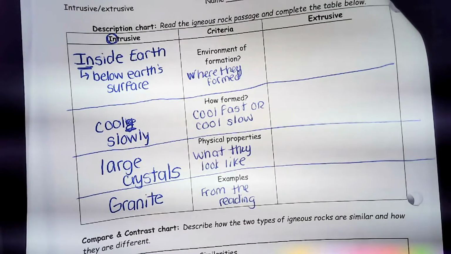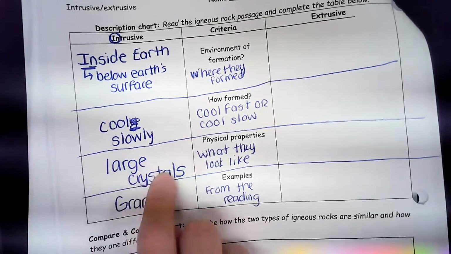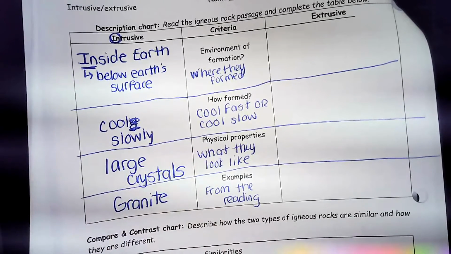So you're going to end up with very large crystals. And one of the most common examples of this is granite. And by large crystals, it means ones you can see without trying. It doesn't mean you can see them from the back of the room, but you can pick up a rock and say, oh yeah, that's a bunch of crystals.